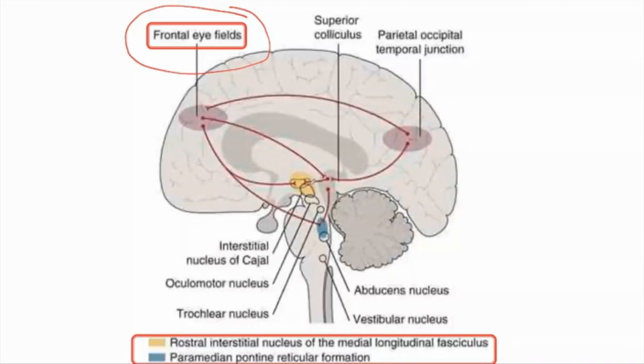The first, in the pons, is the horizontal gaze center, or parapontine reticular formation, which will connect the third nerve and the sixth nerve in order to initiate the horizontal eye movements. It will also supply the rostral interstitial medial longitudinal fasciculus, which is the vertical gaze center. This vertical gaze center is concerned with connection of the vertical muscles, like the vertical recti and the obliques, in order to stimulate vertical eye movement.